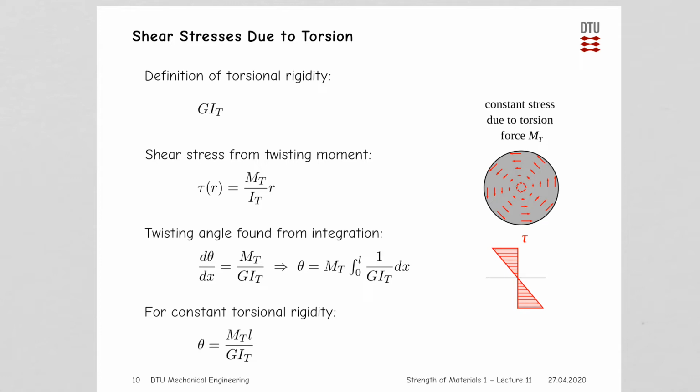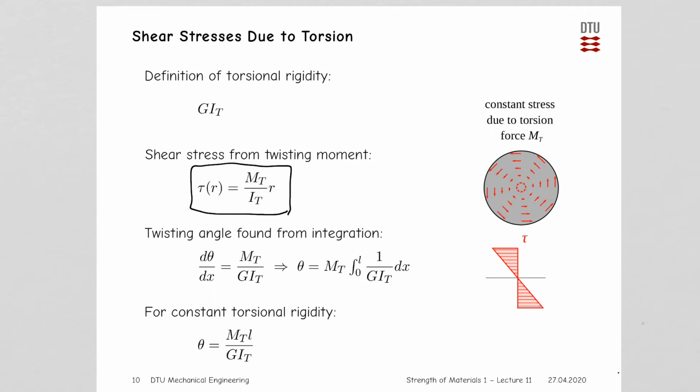And now we can put everything together and see that if we want to express the shear stress from the moment, we find the following expression: the shear stress will be a function of the radius, and it will be computed as the moment divided by the polar moment of inertia multiplied by the radius. So we can see a short drawing here to the right of how the shear stresses are distributed along the cross section.